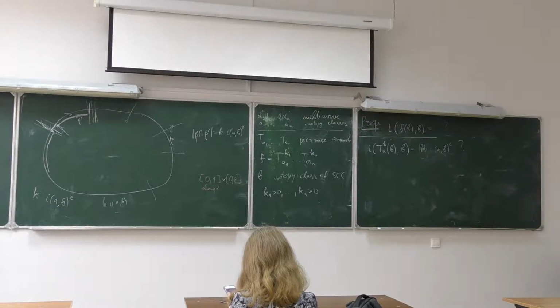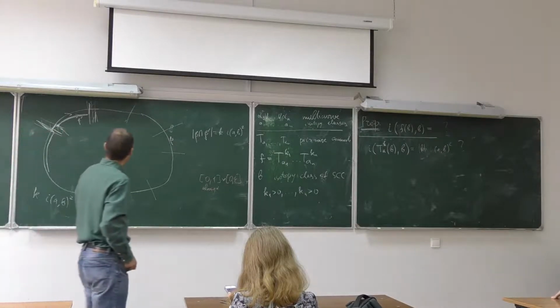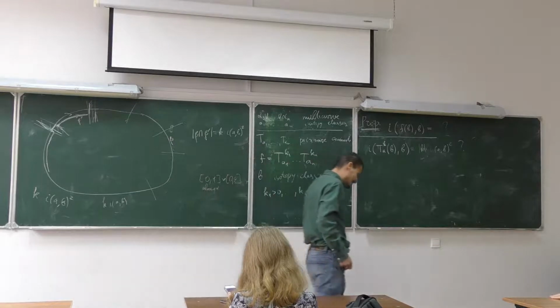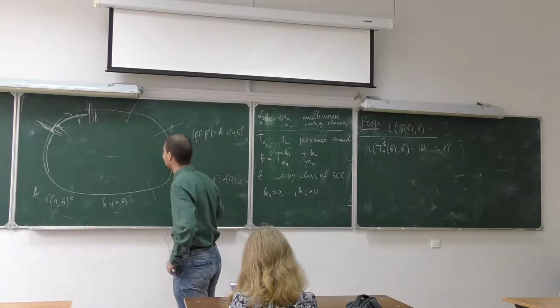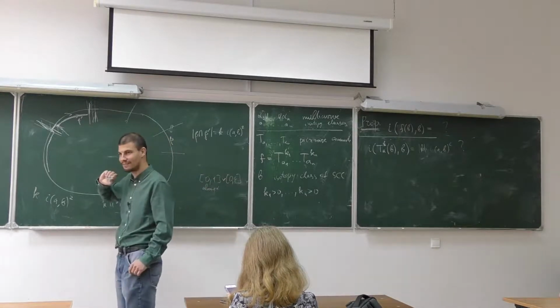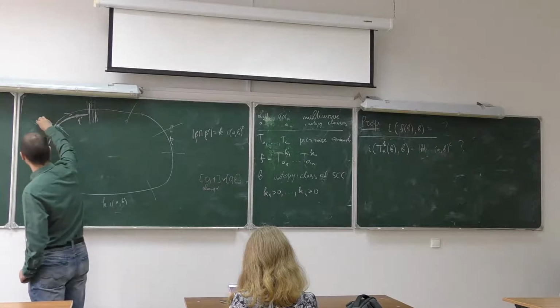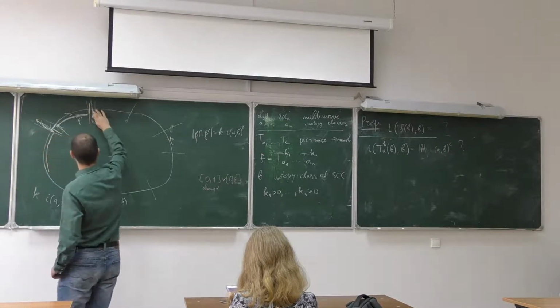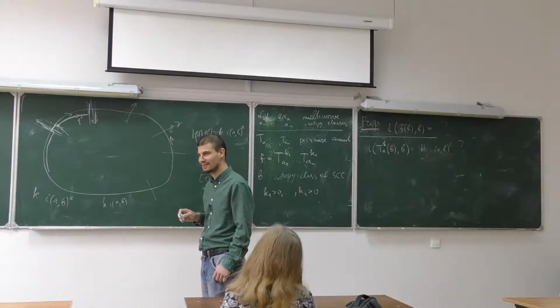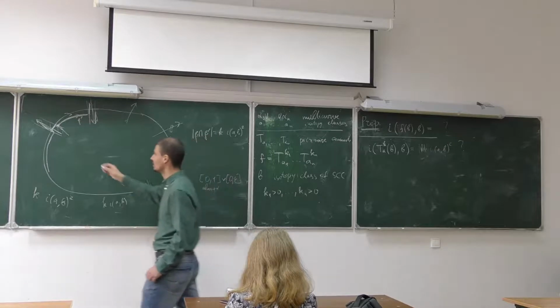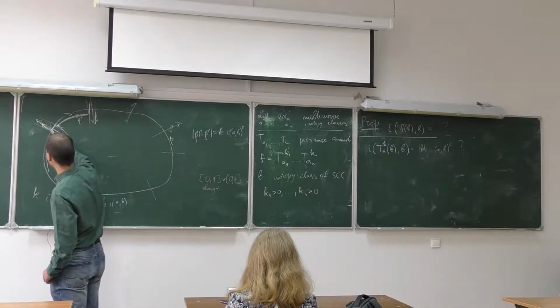The orientation is the same at the crossings, so the algebraic intersection... no, not so. The matter is that if we orient alpha, it is not true that all these orientations are the same. They are not all of the same sign. If we start moving here, we move in the positive direction.